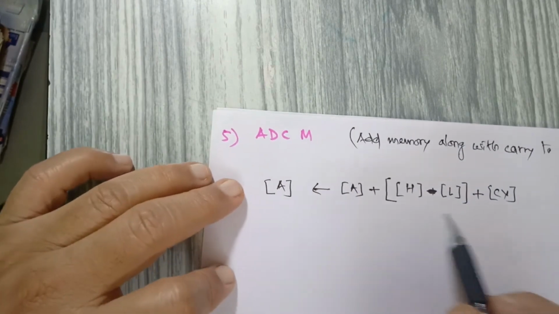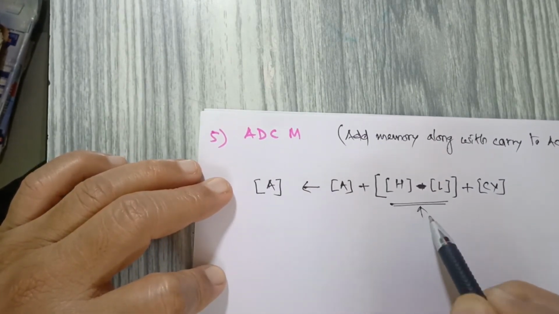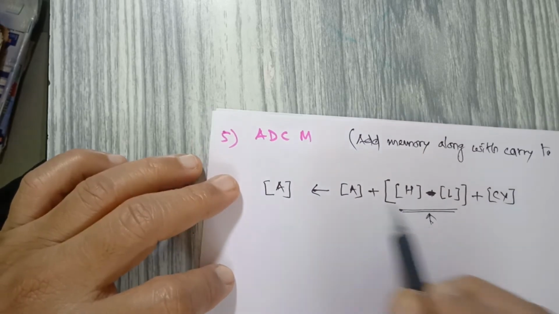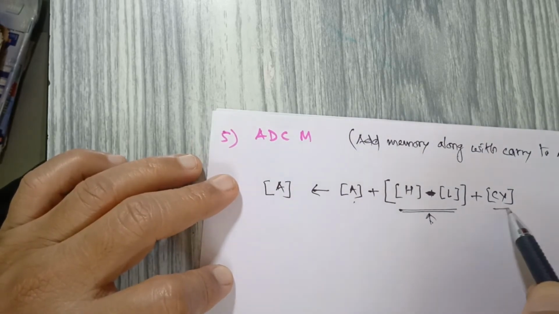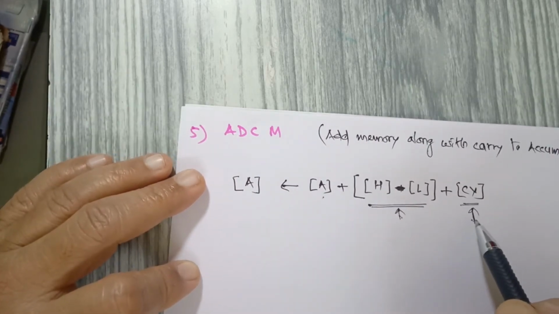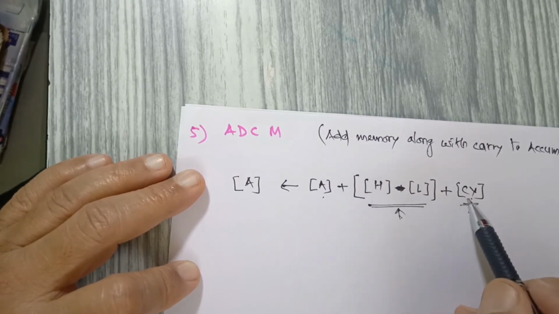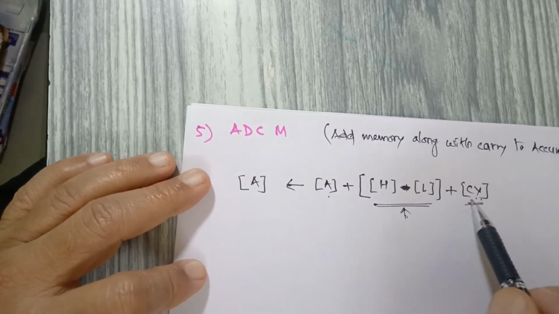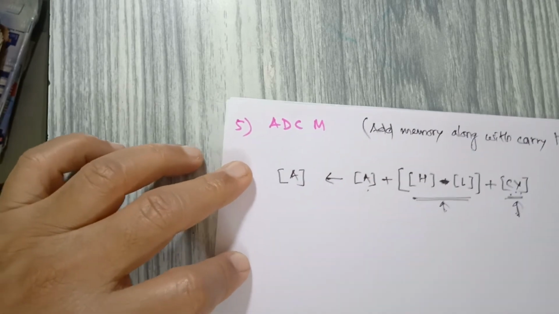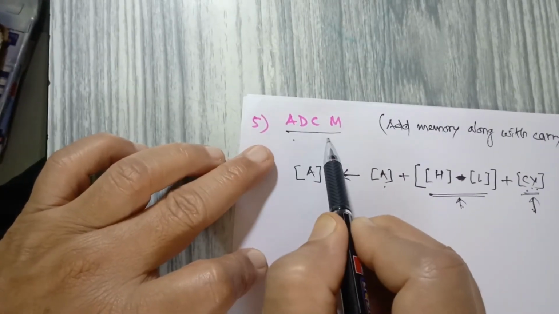I read it as: content of the memory location whose address is given by the HL pair is added to the accumulator along with the carry. Where does this carry come from? If it has occurred from the previous operation. If not, you need not account for it, that means 0, adding 0 doesn't affect the result. If it comes, it will be added. So this is the add memory along with carry instruction.